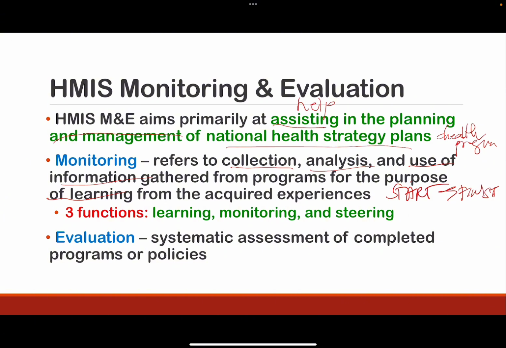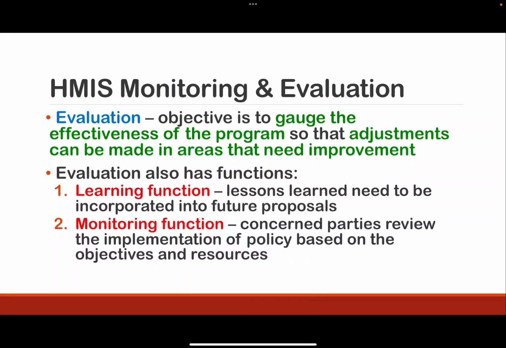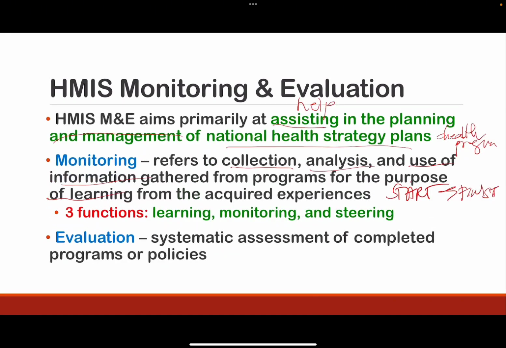You can check or keep under surveillance, you monitor for a period of time. Steering, guide or control movement. Steering, right? Like you are driving. So, you are controlling. Next, for evaluation, this is a systematic assessment of completed programs or policies.